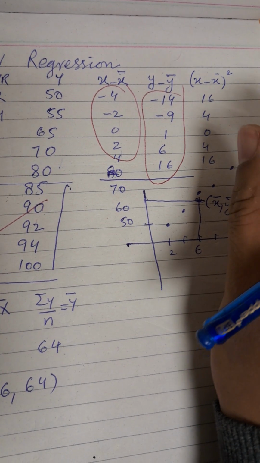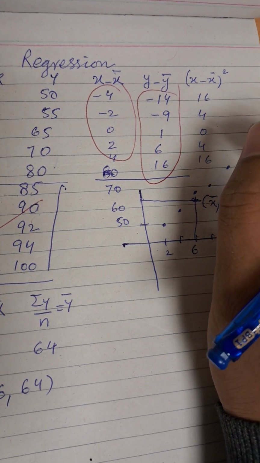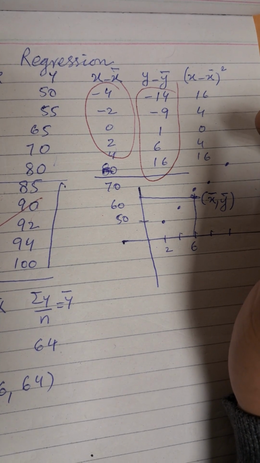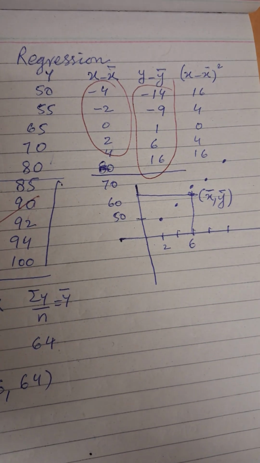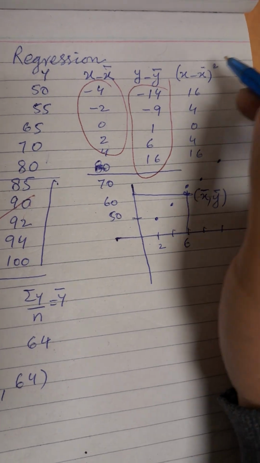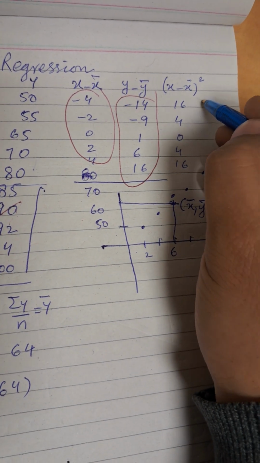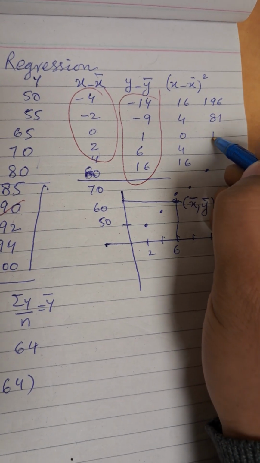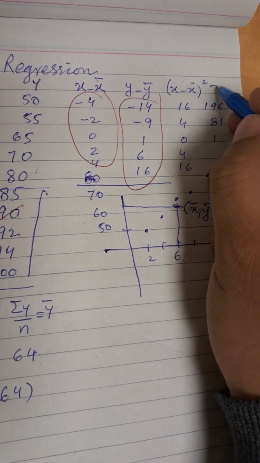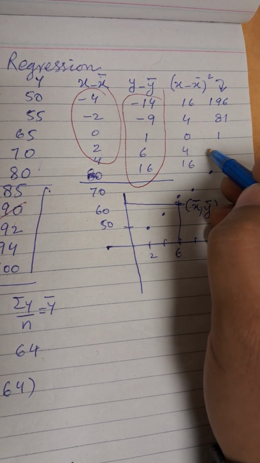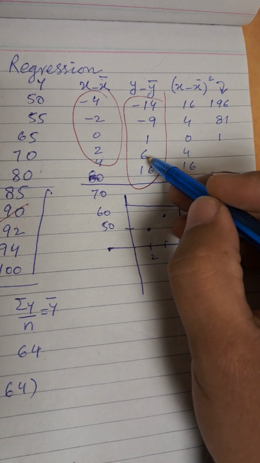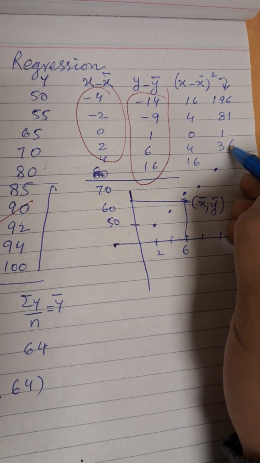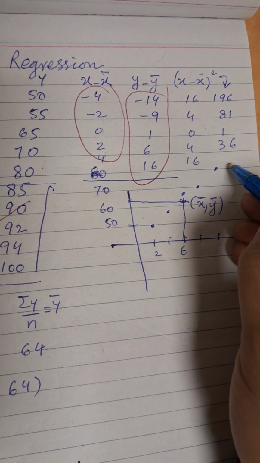So the errors from the mean position are now a bit exploded, and then we can safely assert that the correlation can be found out because of it. Similarly, for these, we had 196, for this 81 and 1, for this one it is 36, and for 16 it is 256.